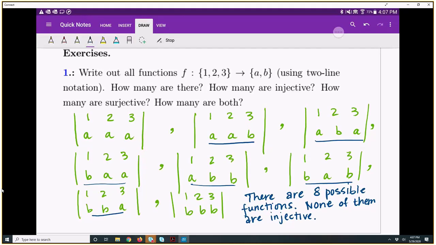So I have 6 that are surjective. The last question is how many are both surjective and injective, which we call bijective. And because I have no injective functions, I can have no bijective functions. So I'm going to write that as well. None of the functions are bijective.